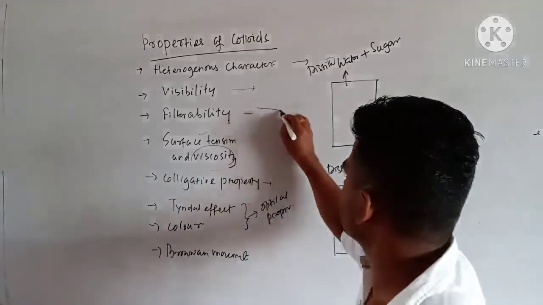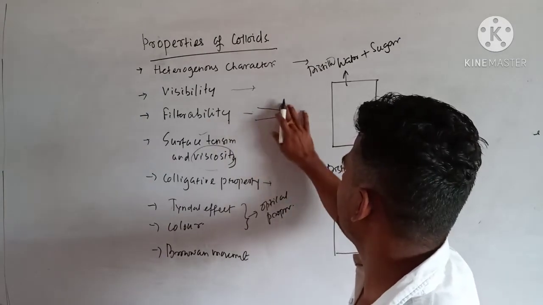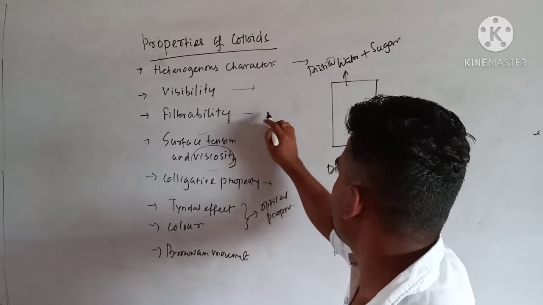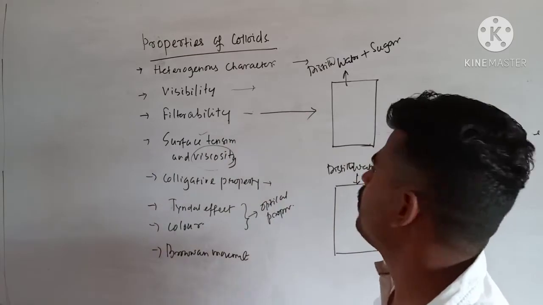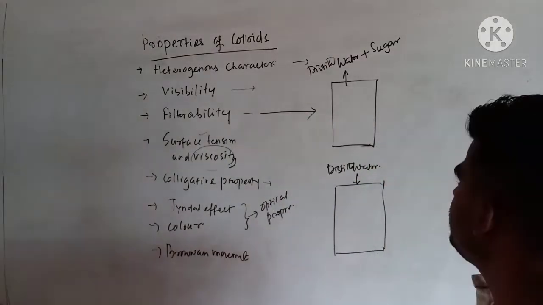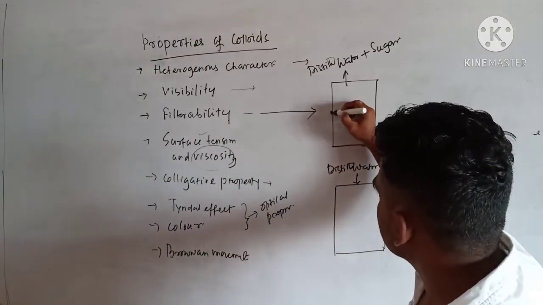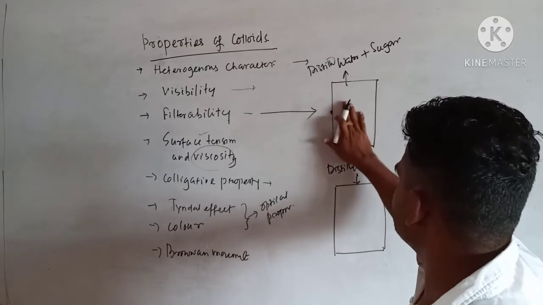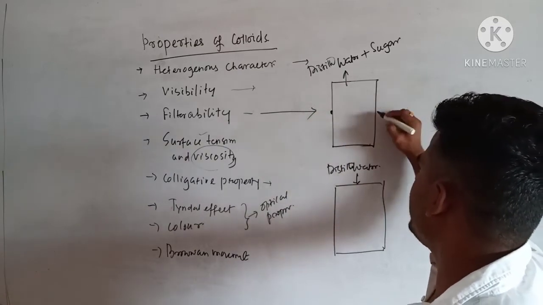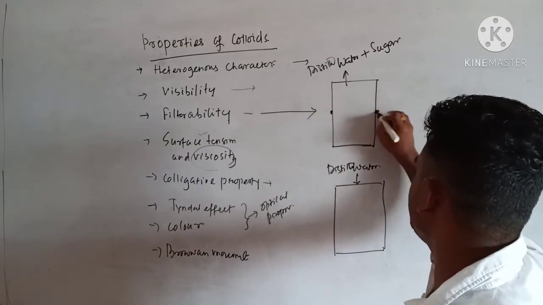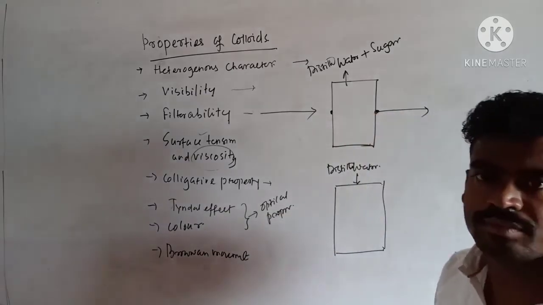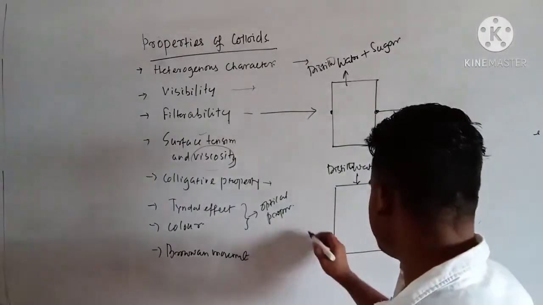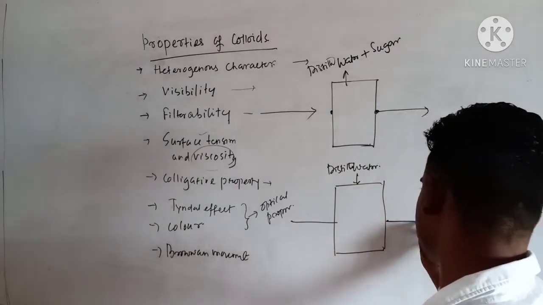If I pass light over here, then what we will see is that in the middle portion there is no visible light path, and after here it passes through. In case of distilled water, the same case arises.